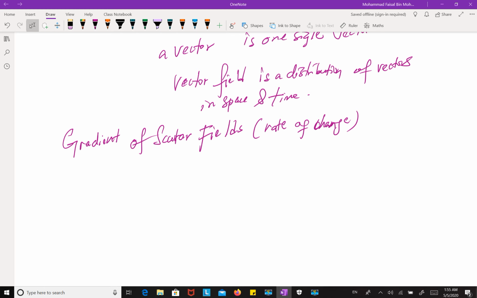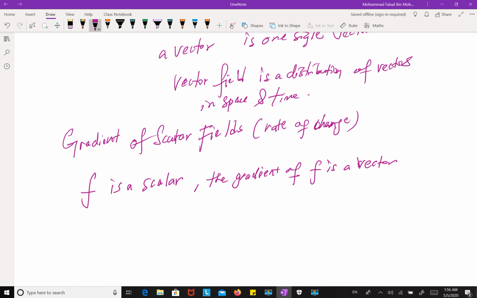Let's say f is a scalar, then the gradient of f is a vector.